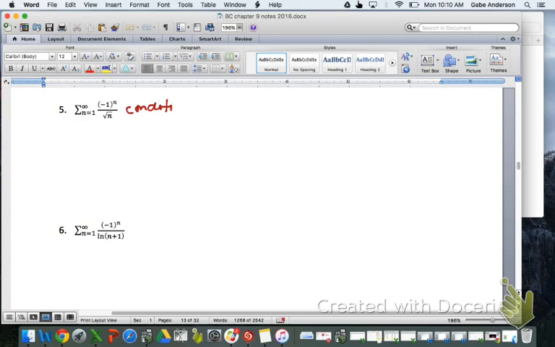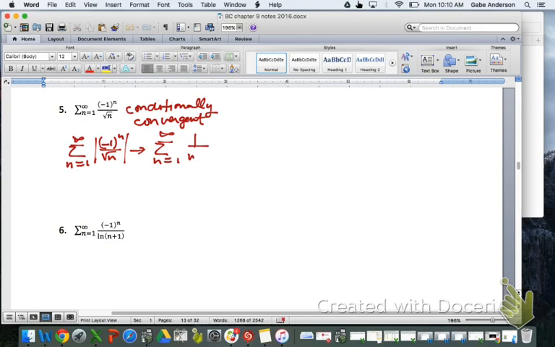Well, me and Booker are still confused how you tell the difference between that and just purely divergent in this case. Okay. So if we say sigma from 1 to infinity of absolute value of -1 to the n over root n, essentially that just takes away the plus minus, right? Just 1 over n to the 1/2.